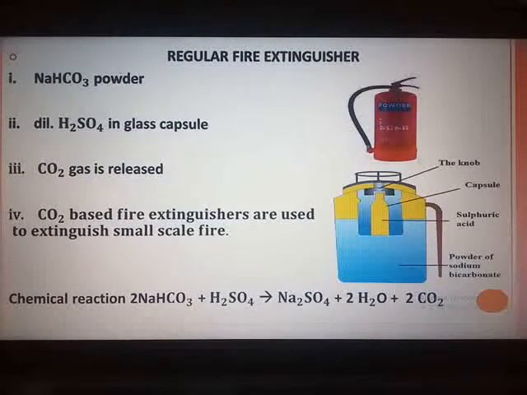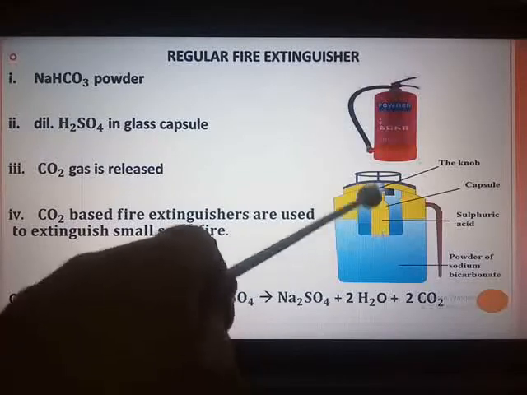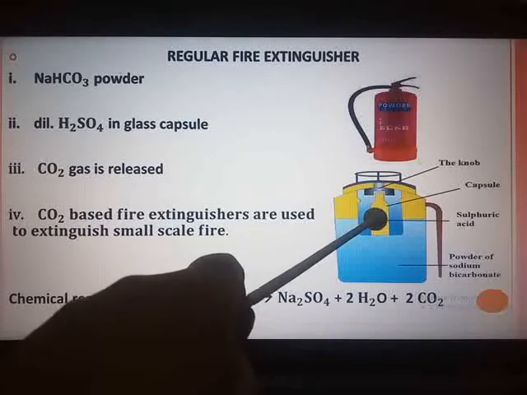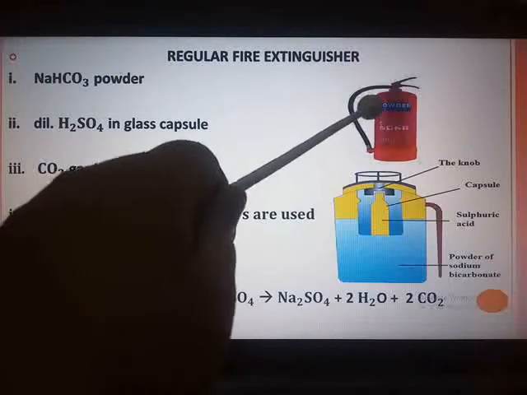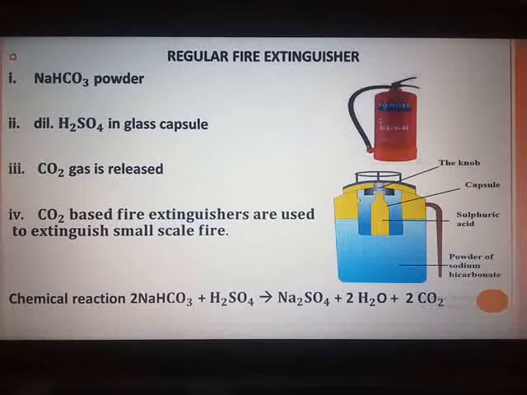A fire extinguisher contains sodium bicarbonate powder, that is NaHCO3. Also, there is dilute sulfuric acid, which you can see here in the glass capsule. This capsule breaks on pressing the knob. You have to press the knob for the fire extinguisher to work.